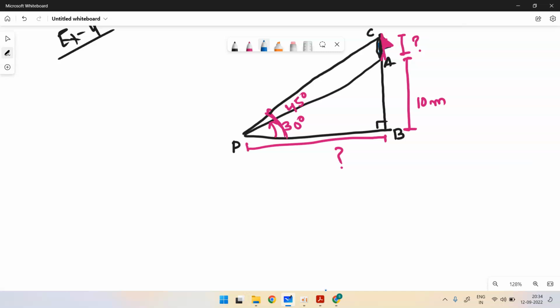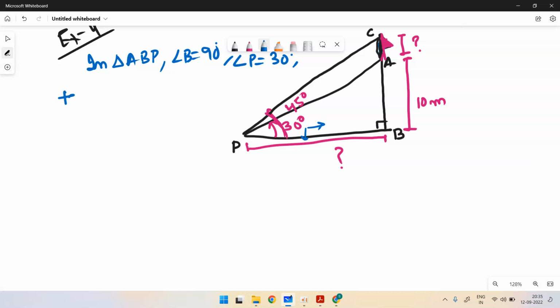So first, in triangle ABP, you can see that angle B is 90 degrees, and angle P is 30 degrees. With respect to angle 30 degrees, AB is the perpendicular and PB is the base. Perpendicular by base is nothing but tan theta.